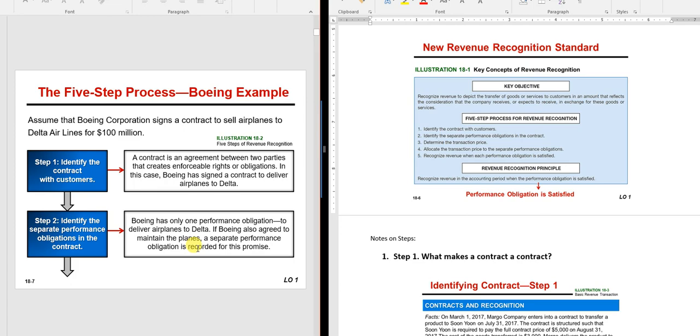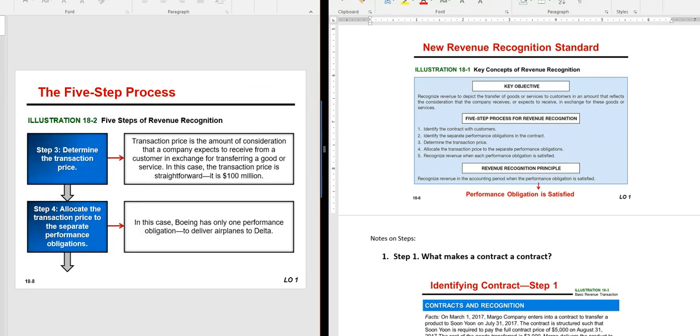The company agreed to give us regular updates as updates came along, 2nd performance obligation. And the 3rd one, part of the purchase price, was training of employees to use this service. So that's a 3rd performance obligation. So a contract, especially nowadays when things are online and you get maintenance or updates, can have several performance obligations.